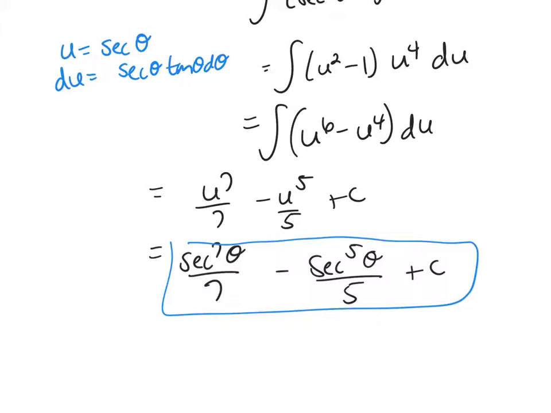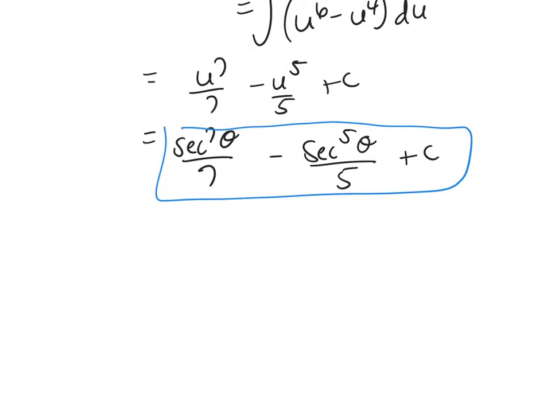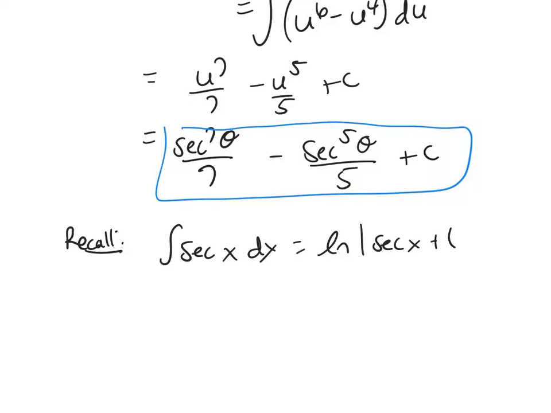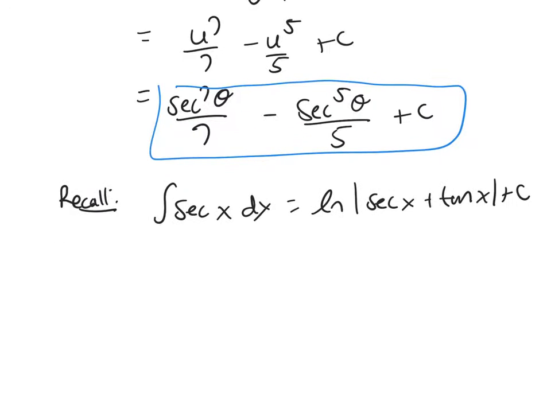So let's do one final trig integral here. So let's recall that the integral of secant x is ln secant plus tangent. So the example we're going to look at, I want you to find the integral of secant cubed.